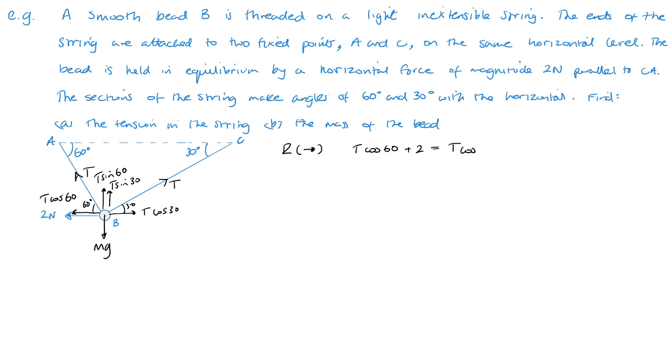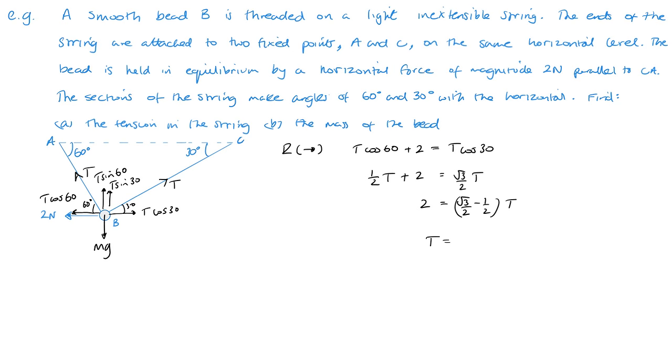So when I do this, we've got T cos 60 plus 2 equals T cos 30. So cos 60 is a half, so we've got a half T plus 2, and cos 30 is root 3 over 2. Root 3 over 2 is bigger than a half, so taking it to the other side, we get root 3 over 2 minus a half, T, and that equals 2.